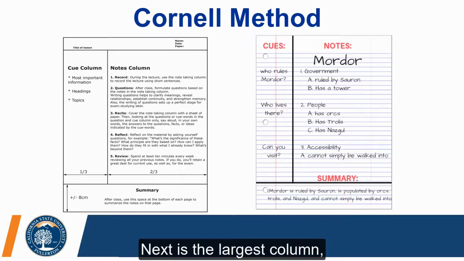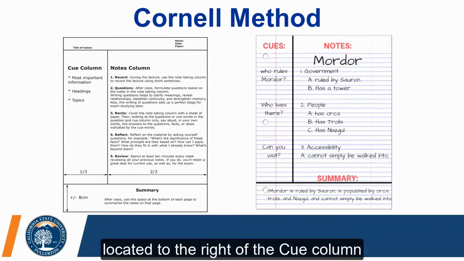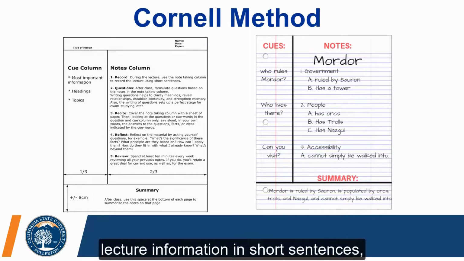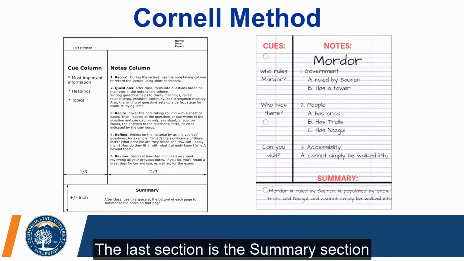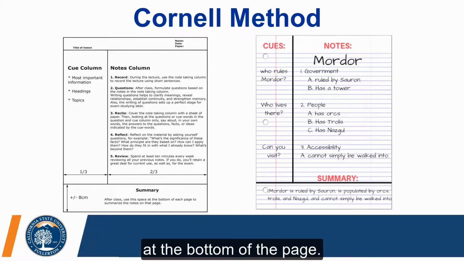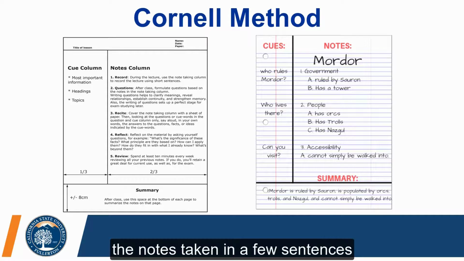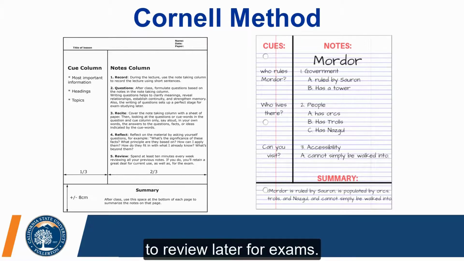Next is the largest column, which is the notes column, located to the right of the cue column, and this includes recording lecture information in short sentences, creating questions based on the lecture to help clarify meanings, reveal relationships, and strengthen memory. The last section is the summary section at the bottom of the page. This section is used to summarize the notes taken in a few sentences to review later for exams.